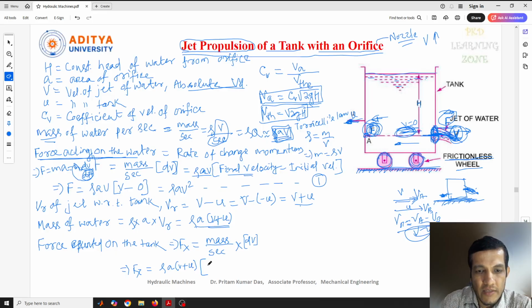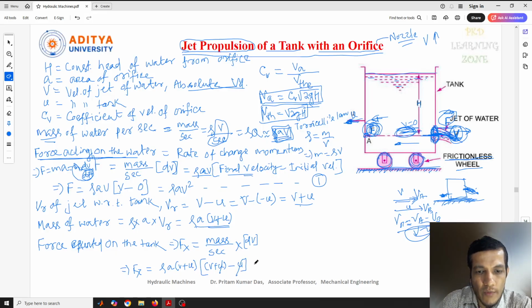Again, change in velocity means final velocity minus initial velocity. Now here we can write V plus U, and this is the initial velocity, here it is U. If you solve this, you can see this is plus and this is minus.